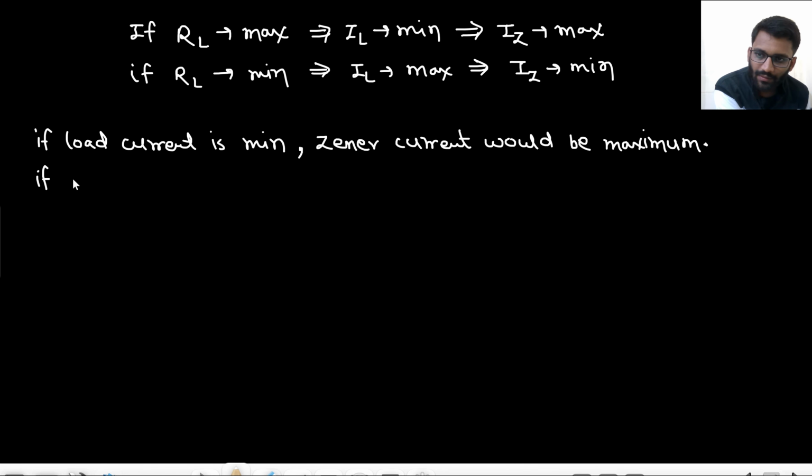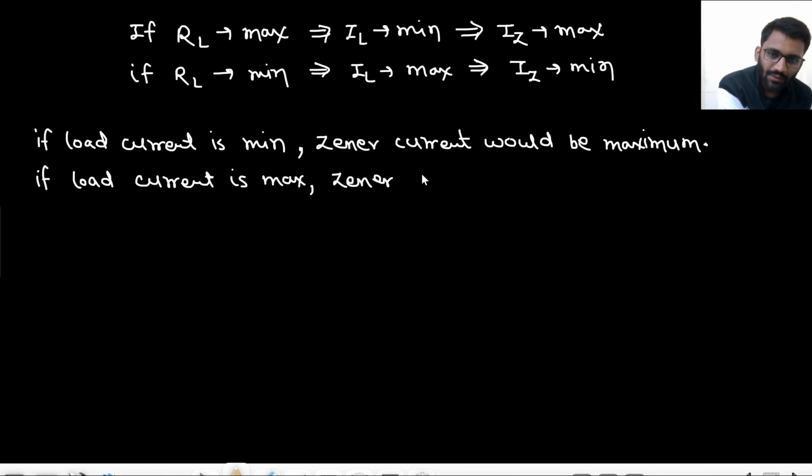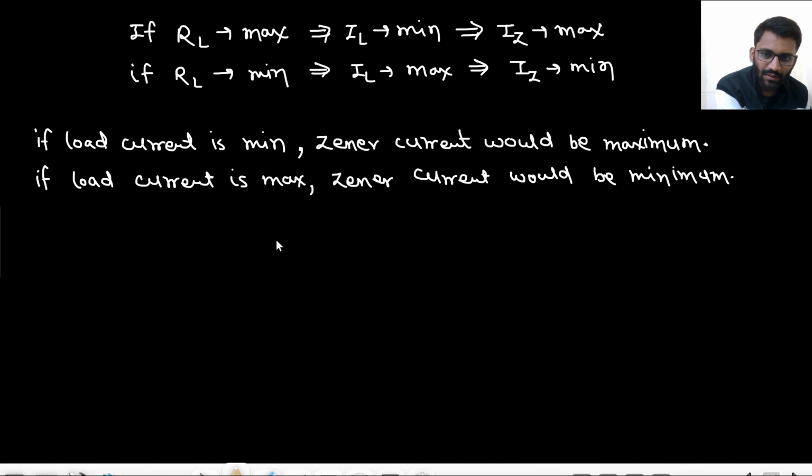And if the load current is maximum, the Zener current would be minimum. So kind of inverse proportion.